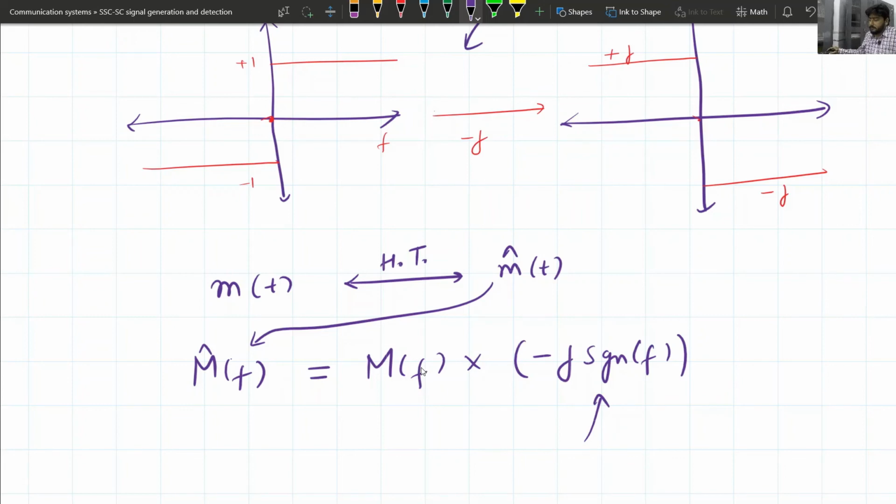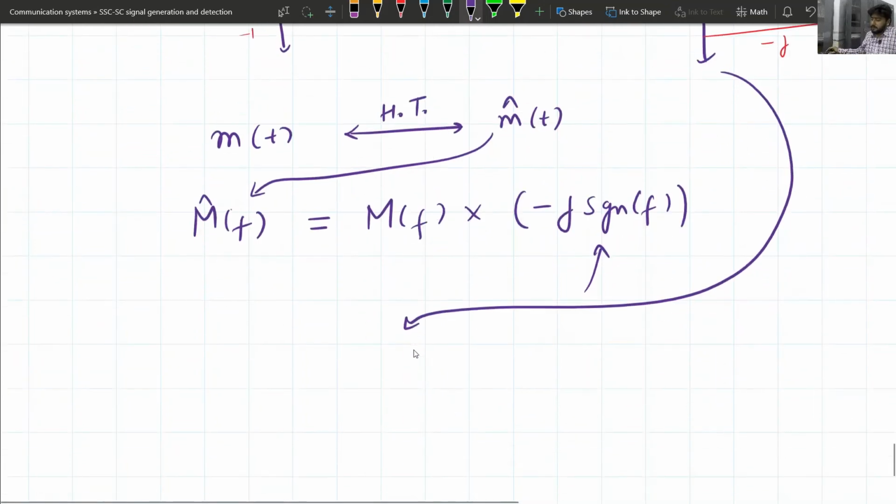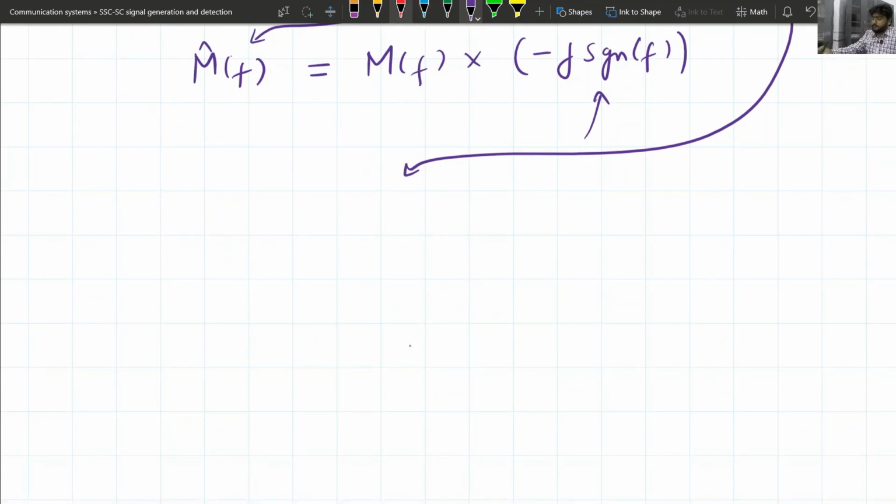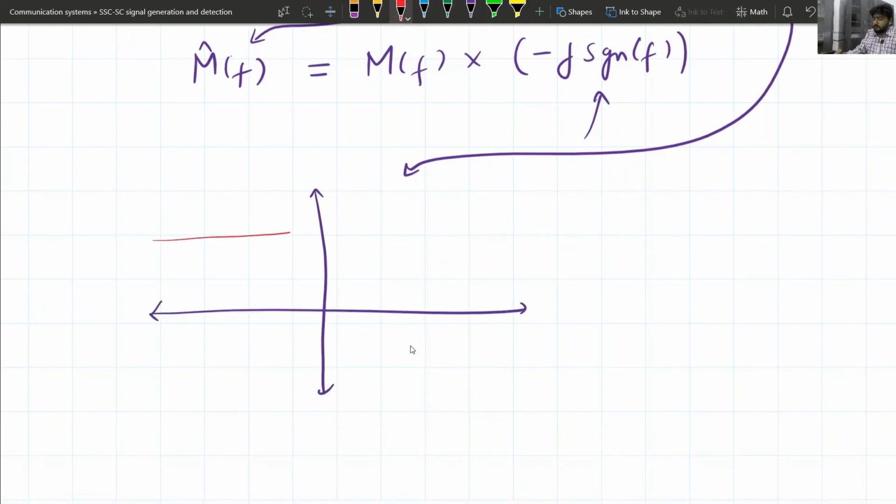Again, if you look at this graph of minus j sgn f, it is plus j here, and minus j there.